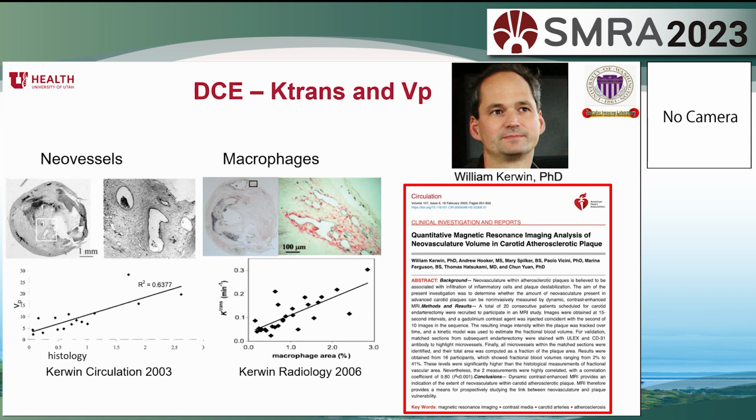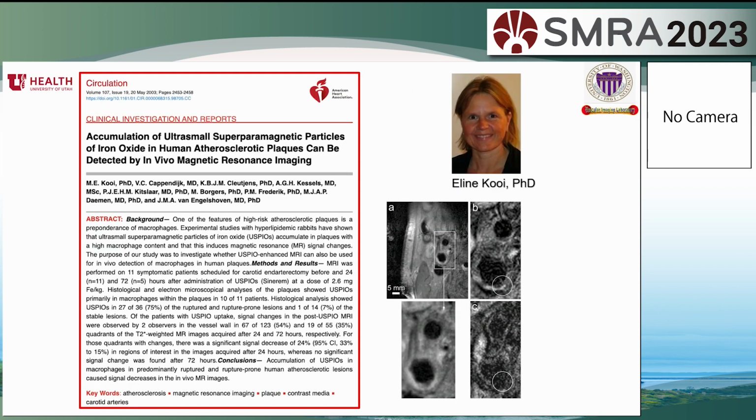And this essentially leads to MR contrast application not only for looking at plaque composition, but also for looking at plaque inflammation. Another interesting work, also by a pioneer in this field, was done by Elena Kooi from the University of Maastricht.